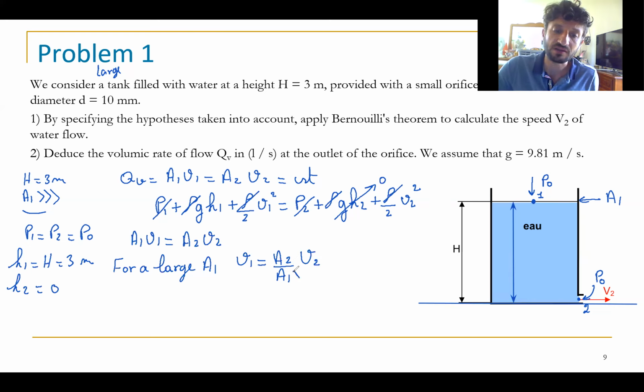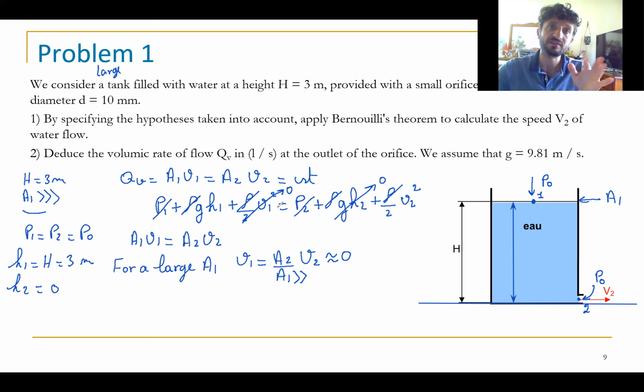If A1 is very large, V1 is approximately negligible. So we can eliminate V1 only in the case of a large tank.